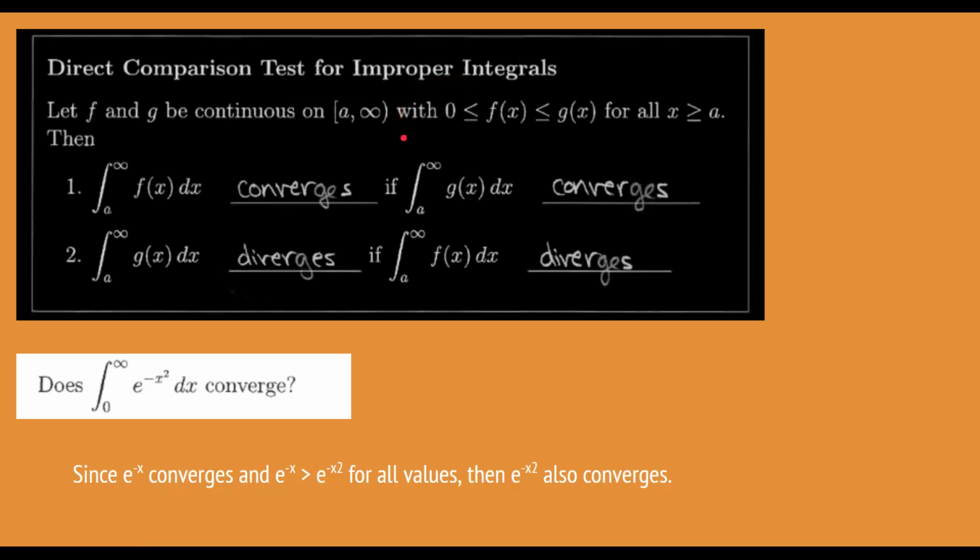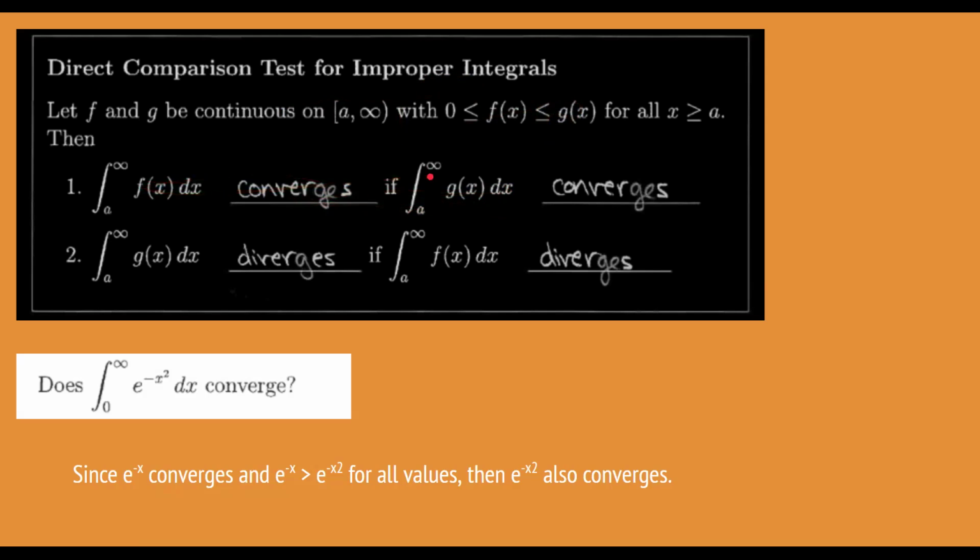Really, it's simple. Let's say there are two functions f and g, and g is always greater than f, which means the curve of g is always above f. If that's the case, then we know that f will do the same thing as g. That's what this statement is saying.